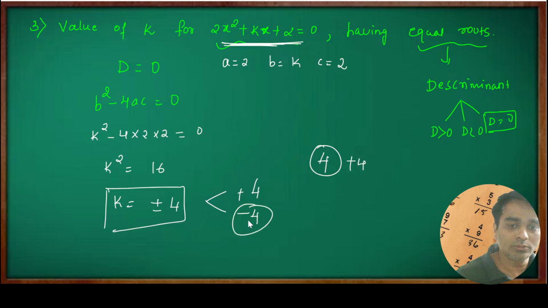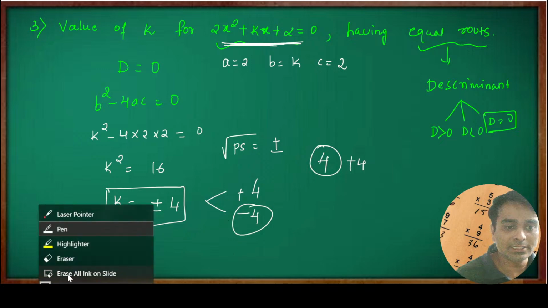So whenever we have a square root of any perfect square, the answer will be with plus or minus. Why would you take a chance? Okay, this was a simple one. One question on finding the value of k, like this having equal roots, will definitely come. So you should be happy to solve it.